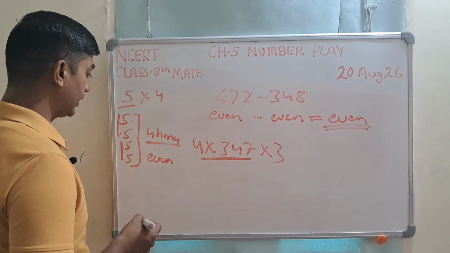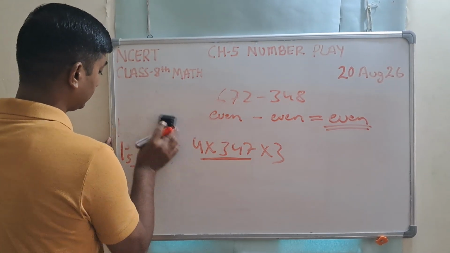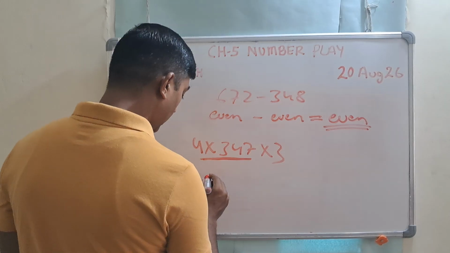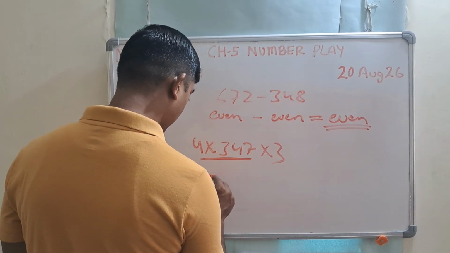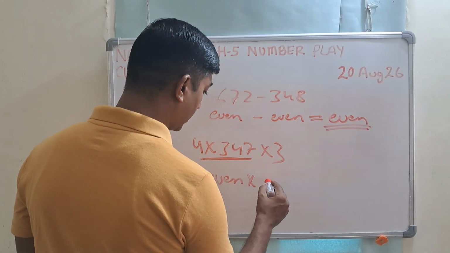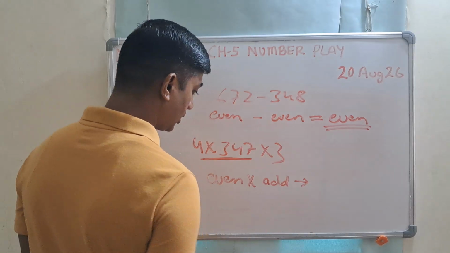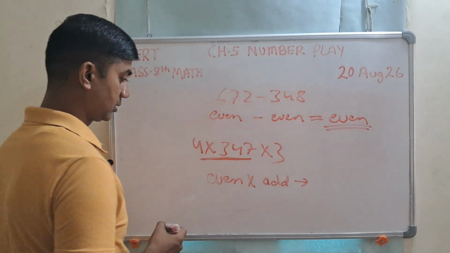I will write it here so that you can understand this fact: if an even number is multiplied by an odd number, your result will always be even.